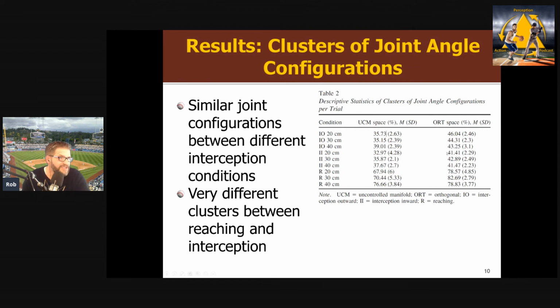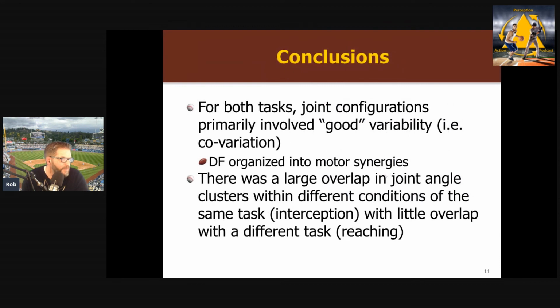But there was a huge difference between the clusters you use for interception versus the ones used for reaching, which are in the 60s and 70s, right? So these numbers are very different. Okay, so the actual synergies you're using, the area in state space you occupy, is very different for these 2 different tasks. Okay, so what is this showing?